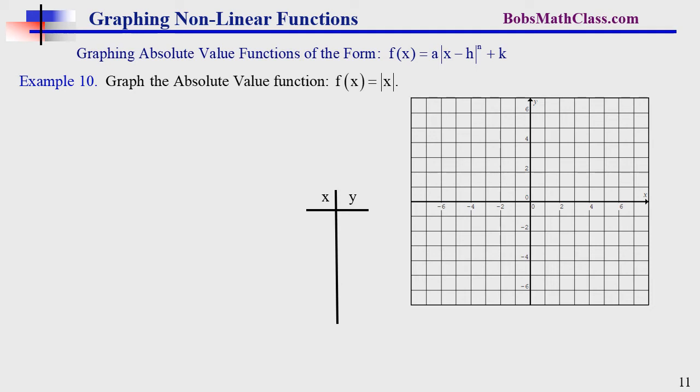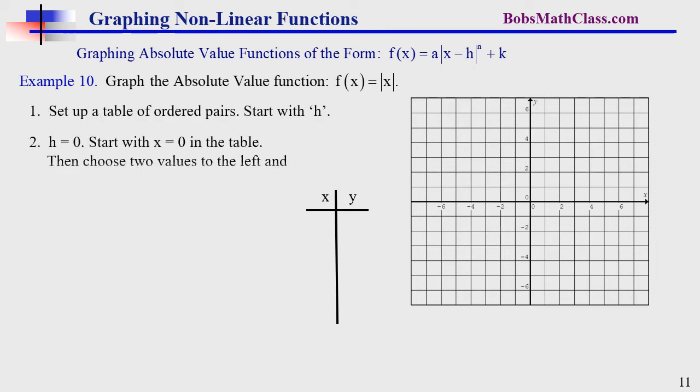All right, so this is called f of x equals the absolute value of x. That's our parent graph. And then the same thing's going to happen. It's either going to be moved left or right, or up and down, or both. So there are no numbers inside the absolute value other than x.